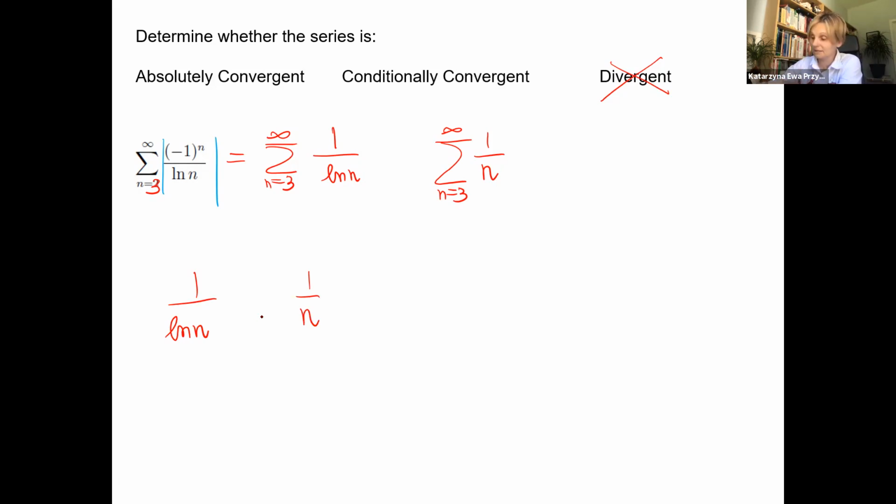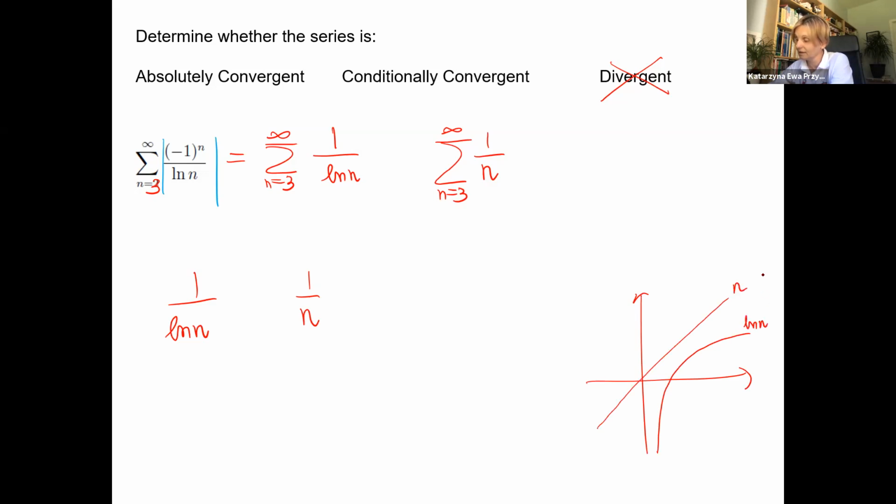Let's see if this works. If I draw natural log and n, this is n, this is ln of n. ln of n is greater. Yeah, Cameron, that's a really good comment. N is bigger. If the denominator is bigger, the whole fraction is smaller. Perfect. We can keep the same relation for the same number of terms when we add them.